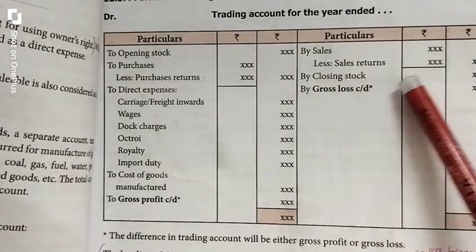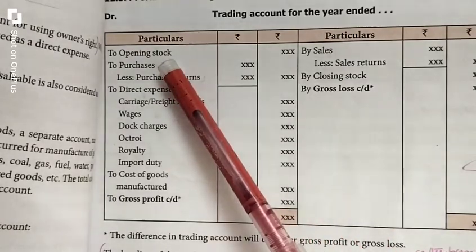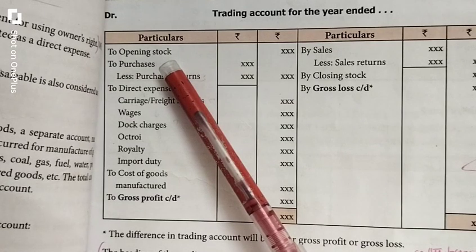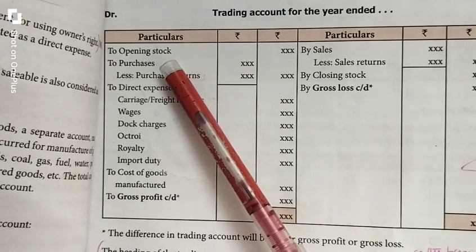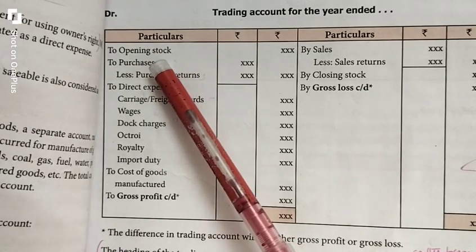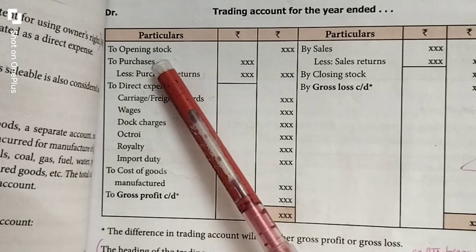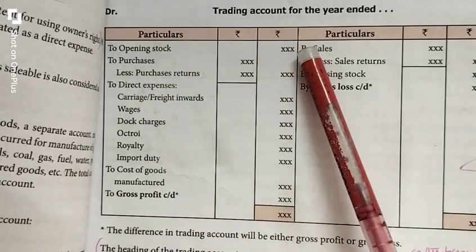Then closing stock. Listen carefully. On the debit side, we entered opening stock, right? The unsold goods taken from the previous year are entered on the debit side of the trading account as the opening stock. During the current year we purchased some goods and sold some of them.